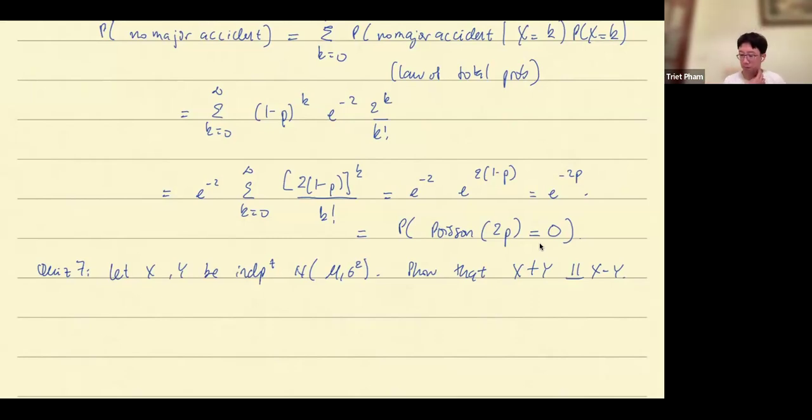What's the answer here? Or what would be a good way to show two random variables are independent?